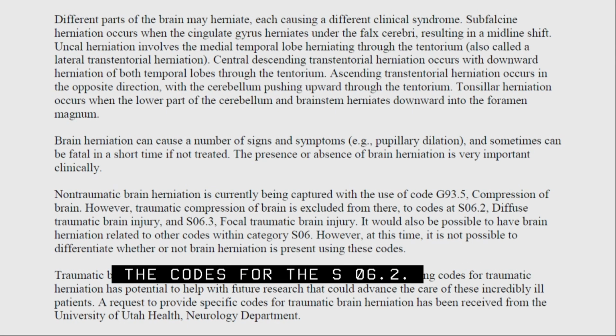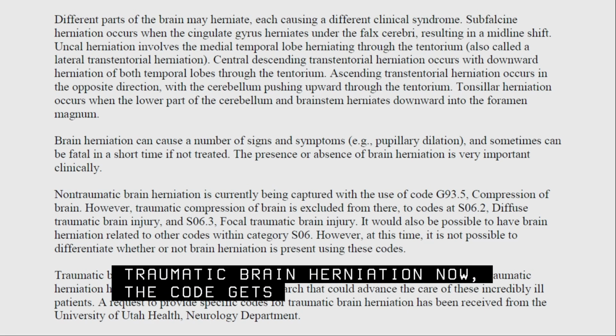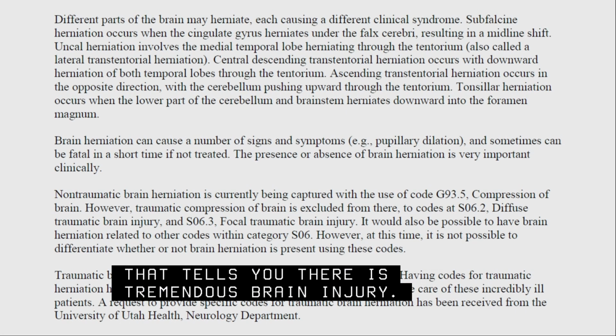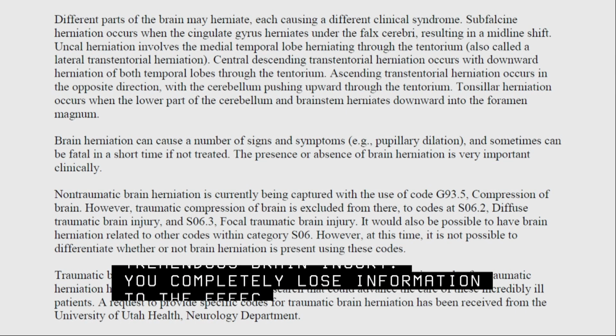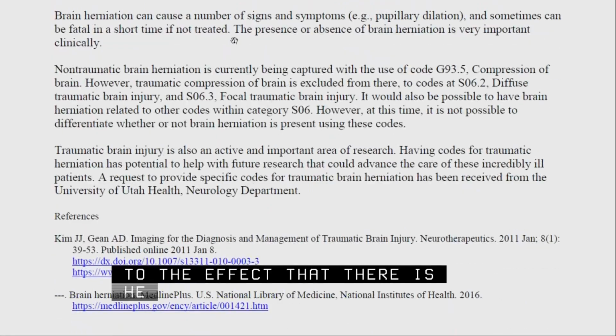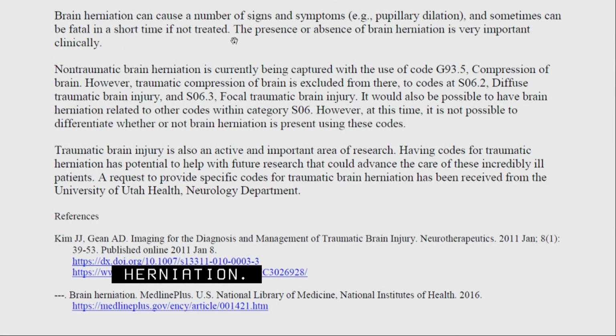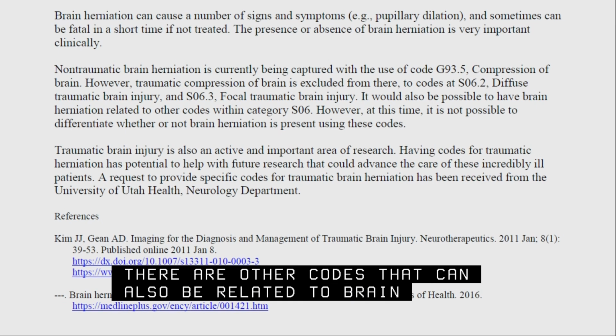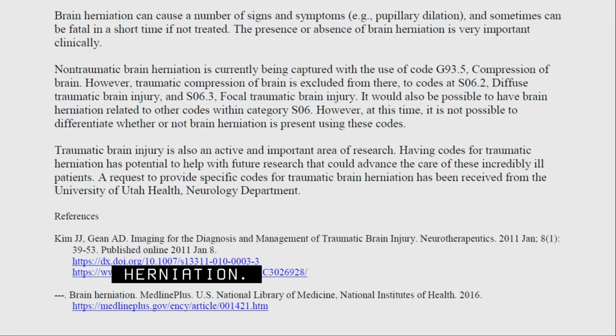So ultimately, when you have traumatic brain herniation now, essentially the code gets lost in a code that just tells you there is a traumatic brain injury, and you completely lose the information to the effect that there is herniation and potential resulting injury and problems from that. Now there are other codes within category S06 that can also be related to brain herniation, but it's not feasible with our current codes to differentiate brain herniation that's traumatic in nature.